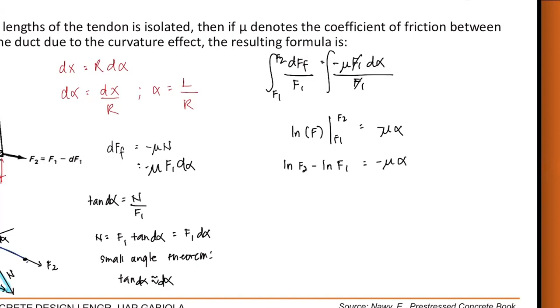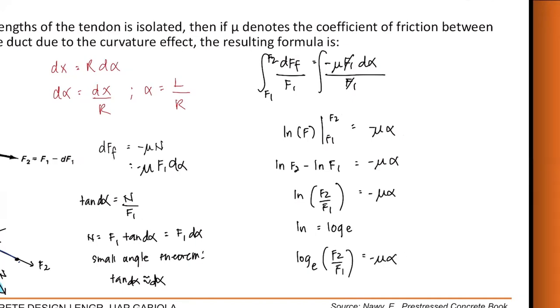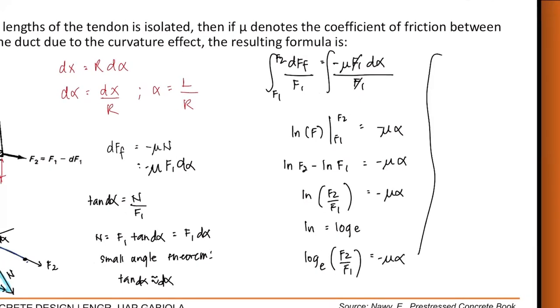And then ln F2 over F1 is equals to negative mu alpha. Ang ln ay equivalent yan sa log e. So, log e F2 over F1 is equals to negative mu alpha. Then property ng logarithm, we can create na F2 over F1 is equals to e raised to negative mu alpha.